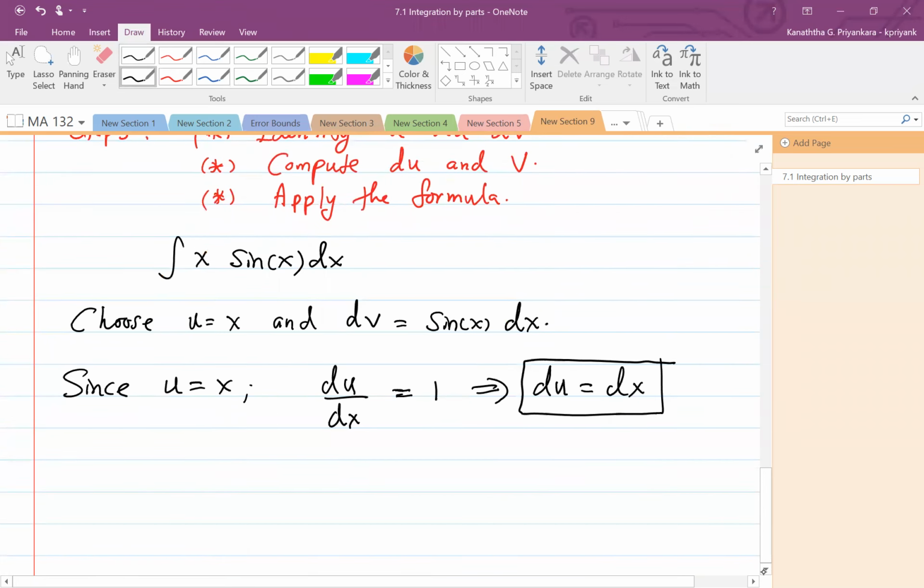Now we can compute v. Since dv equals sine x dx, we need to integrate both sides in order to get v.